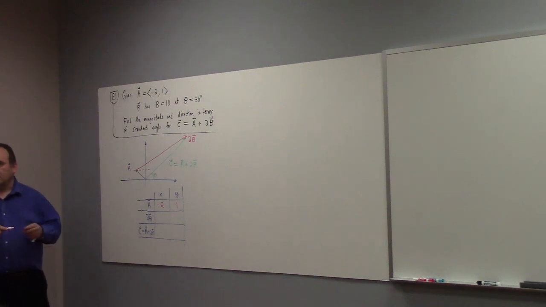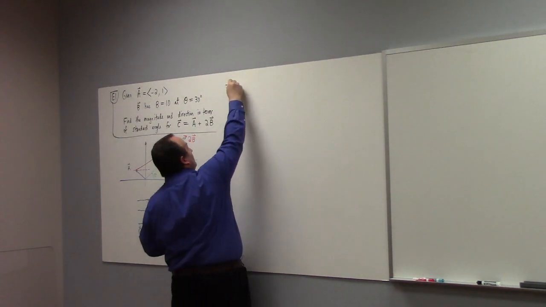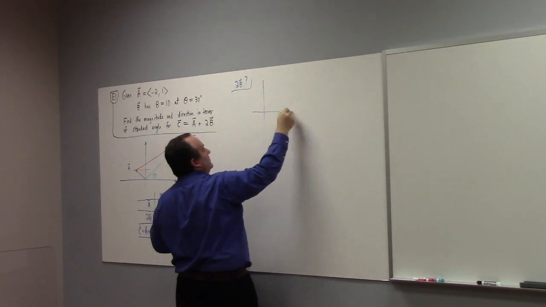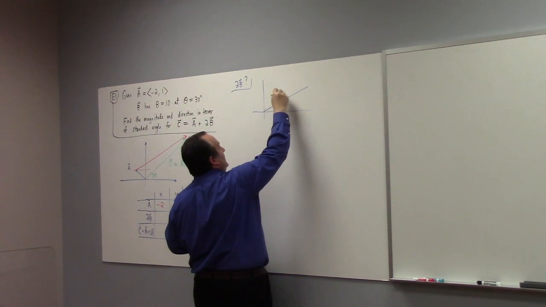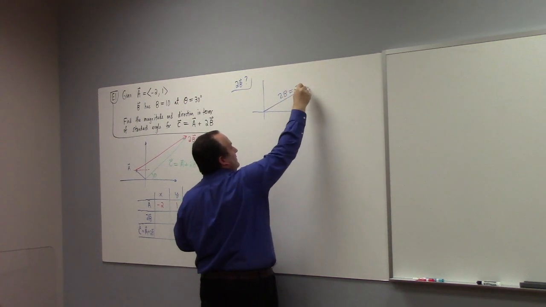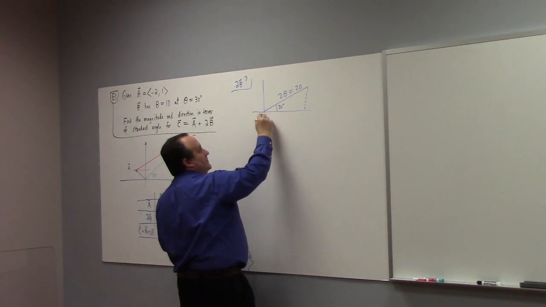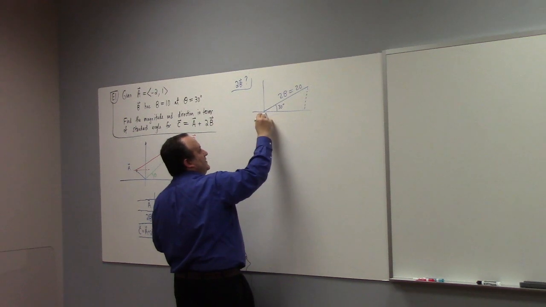That's fine. How do I figure out what 2b is? So what we have is 2 times b for the magnitude, which is 20, right? This angle is 30 degrees. So that gives me this distance here is what?